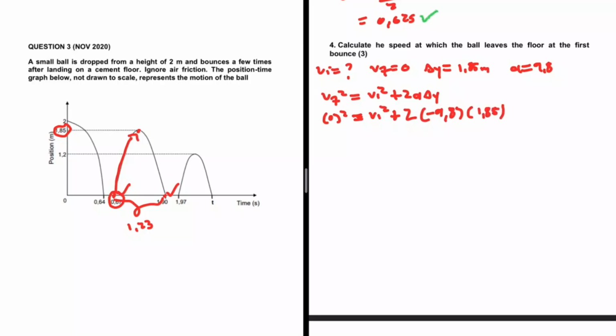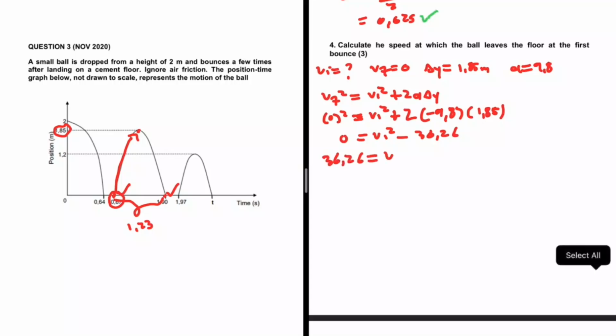So 0 squared is 0, obviously. What is 2 multiplied by minus 9.8 multiplied by 1.85? That is minus 36.26.